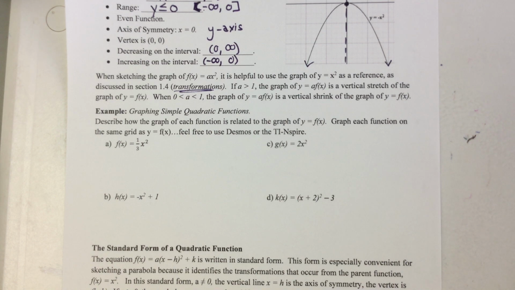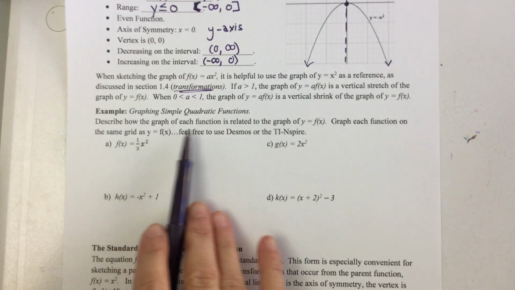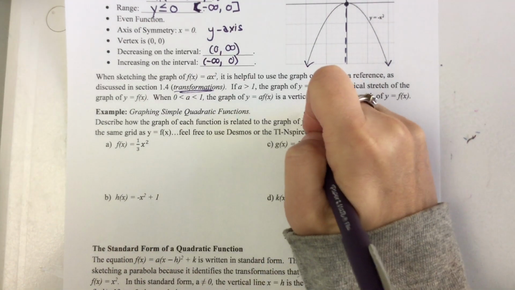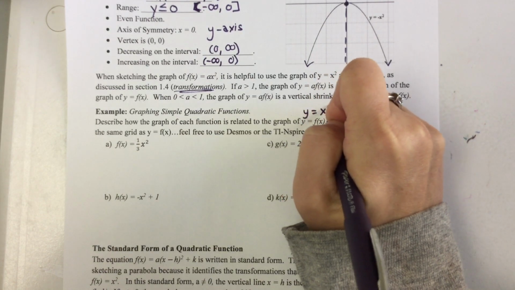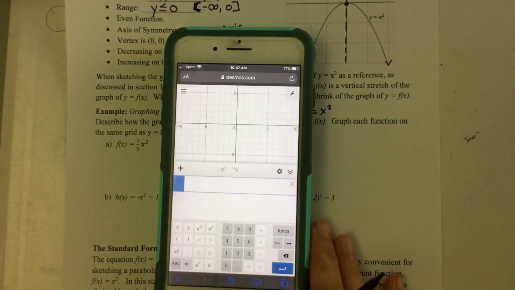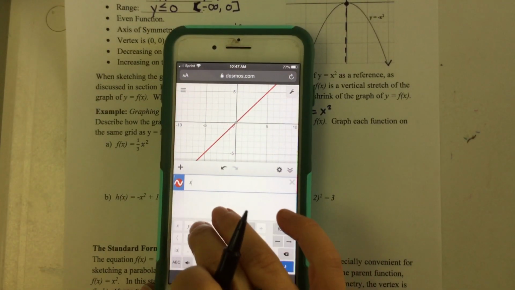Okay, so thinking of transformations, what we want to do is describe how the graph of each function is related to the parent function. So we're basing everything off of x squared. Then we want to graph each function on the same grid, and we can go ahead and use Desmos for that. So the first thing I'm going to do, because I know that this is all based off of x squared, is graph the parent function.